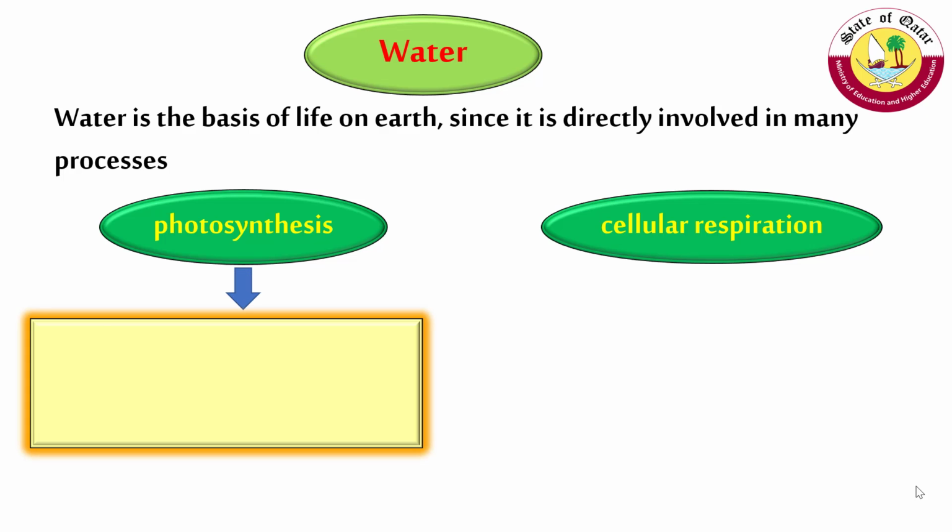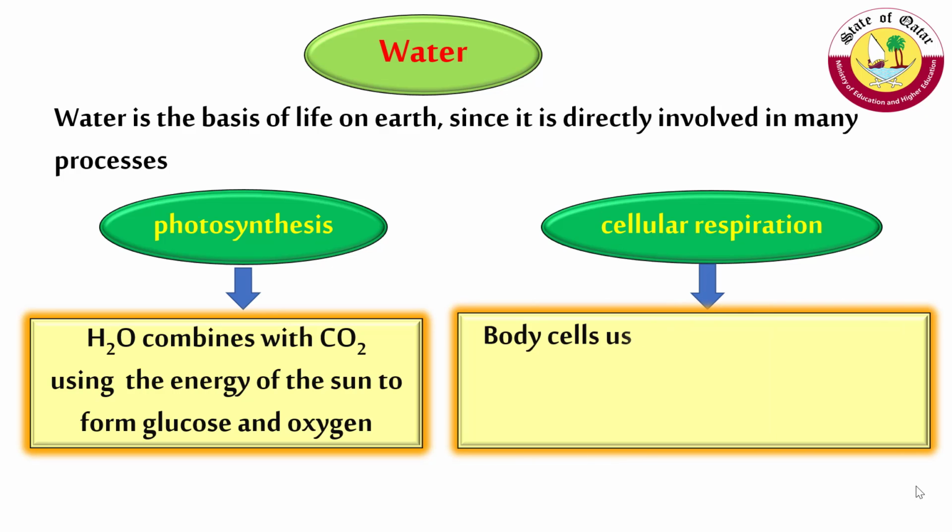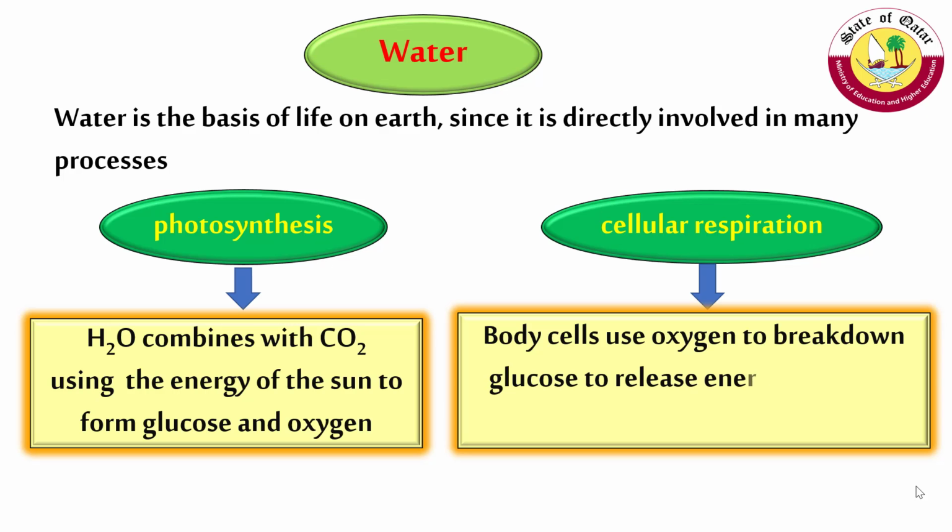During photosynthesis, water combines with CO2 using the energy of the sun to form glucose and oxygen. Whereas during cellular respiration, body cells use oxygen to break down glucose to release energy, CO2, and water.